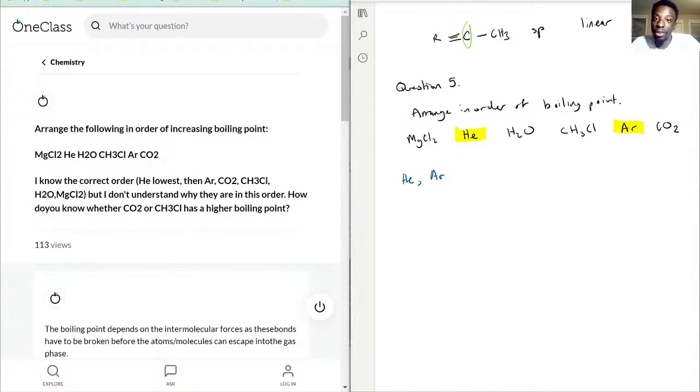So with that, ionic bonds being the strongest, okay, an ionic bond, remember, is with a metal and a non-metal. Glancing over these, the only metal and non-metal is magnesium chloride. This right here is an ionic bond, meaning this is going to be the highest boiling point. So that one's going to be at the end. That just helps us hone down to these three.